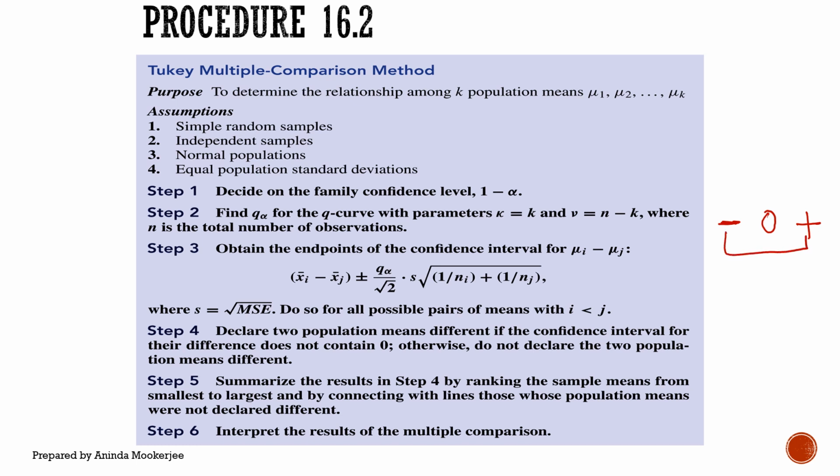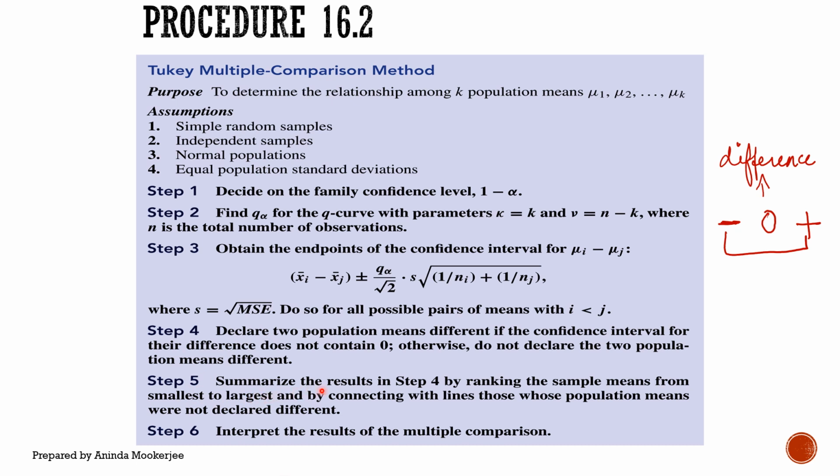And all this represents difference, correct? All comparisons are about differences between two means or multiple means. And if the difference between two values is zero, that means there's no difference between the values we are subtracting. So that's the logic we are using to conclude if a difference exists between two means or not, right?